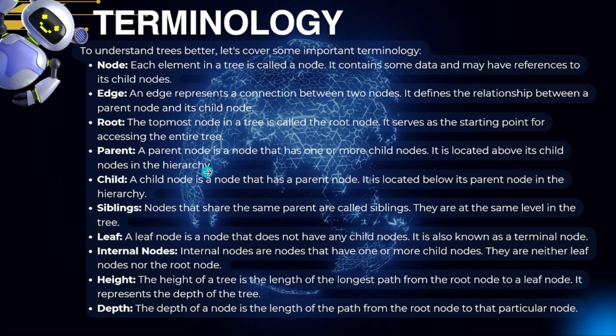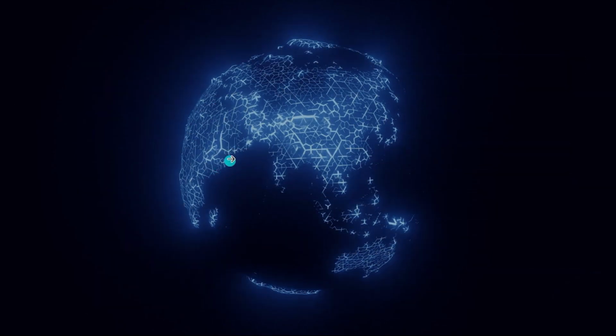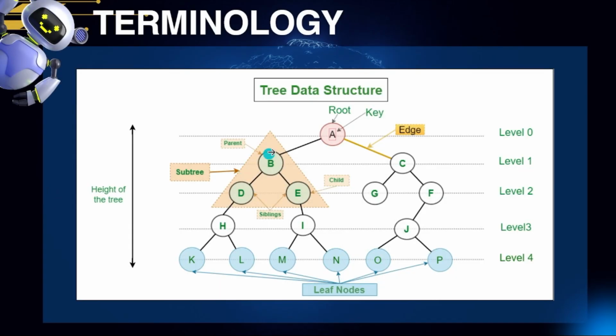Then parent is a parent node that has one or more children nodes, and it is located above its child nodes in the hierarchy. So this one mao na siyang node, parent, kana. Then below that is the child node, kana, yun ang anak. Pwede sa siya parent node, kana, ngayon child, pwede sa siya.